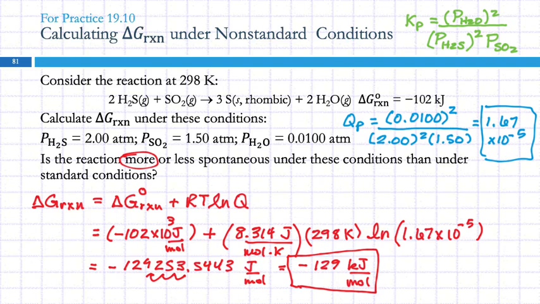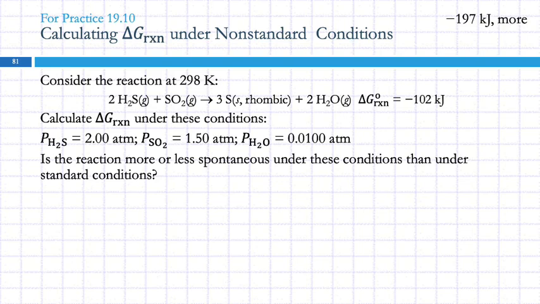So I really, really hate it when the book is wrong, because the book is supposed to be right. You do it and you do it and you're like, it's not matching up, and then you just torture yourself, right? And then you find out that the book was wrong. So this is slide 81, so I need to remember to check this one and fix that. Yeah, because 197 is not the same as 129. It is still more spontaneous, so that's a little suspect as of right now.